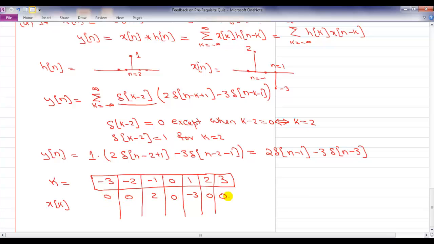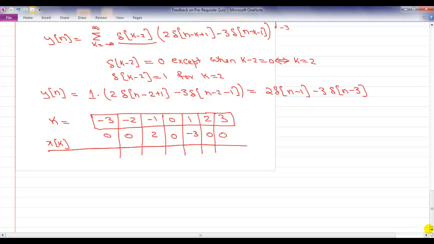Okay. And this goes on. And then I write h of minus k. So remember, h of minus k is just a flipped version. So h of k had a value 1 at n equal to 2.